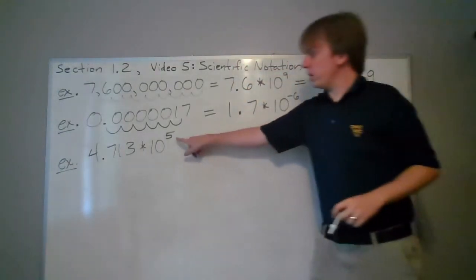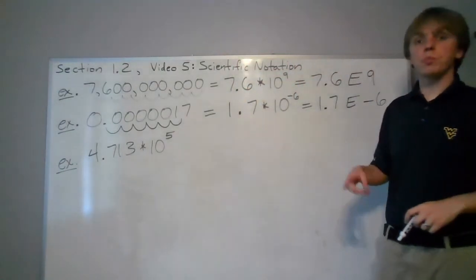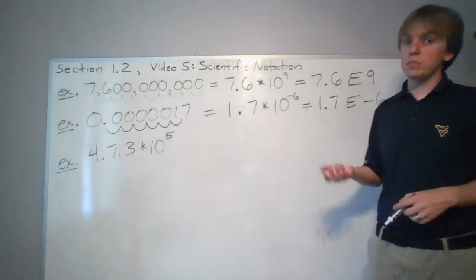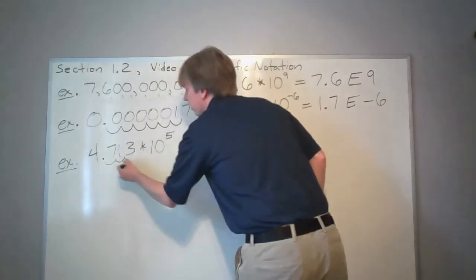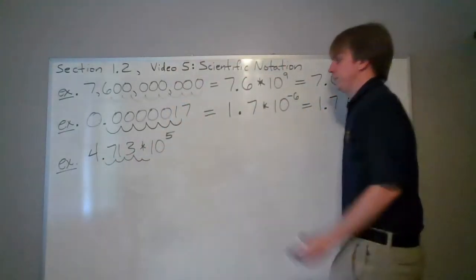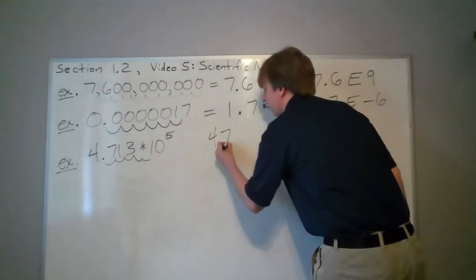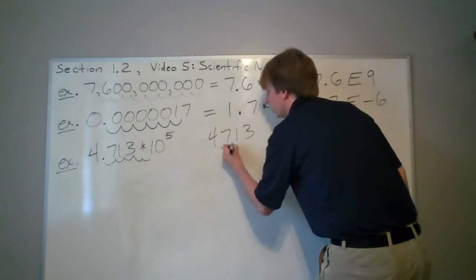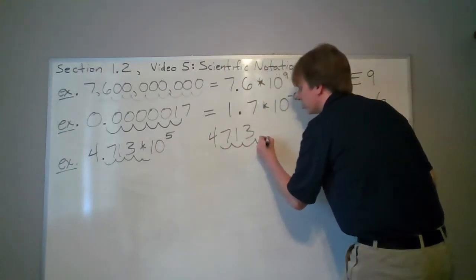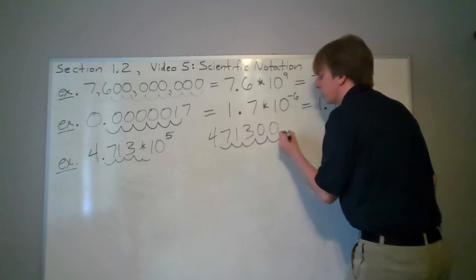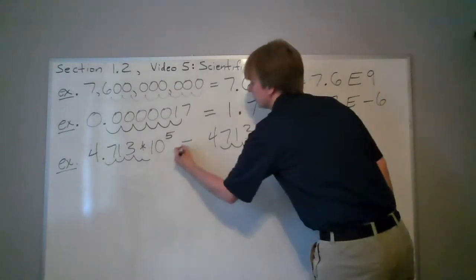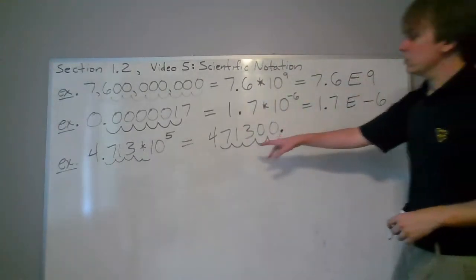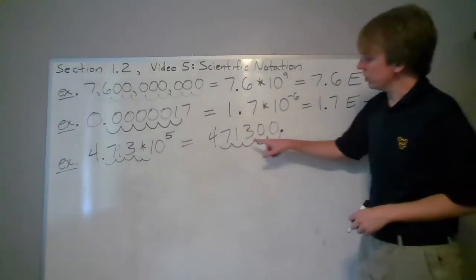That's a positive exponent, which means a big number, so we should be moving the decimal point in the direction that makes it into a bigger number. So we're going to be moving it 5 times in that direction. So 4.713, and we're moving the decimal point 5 times, which means I need to stick 2 more zeros for the period finally ends up after that. So that would be, what, 471,000. I guess we could put a comma right there.